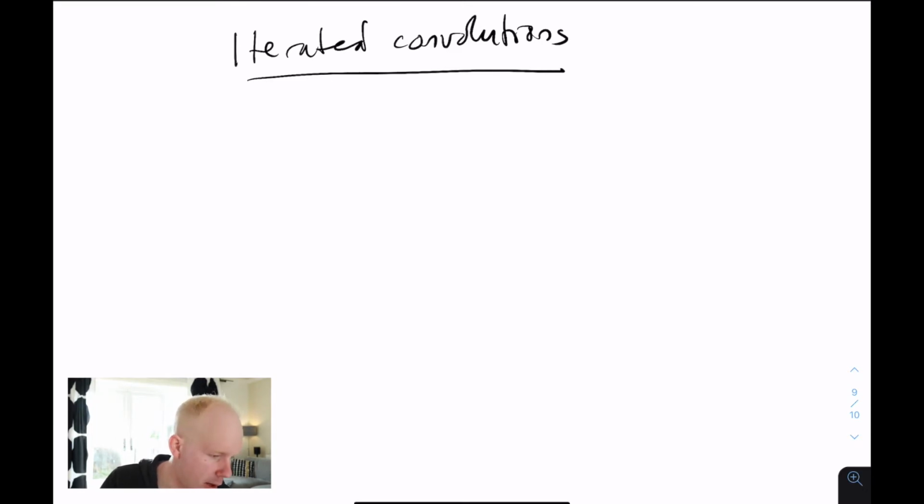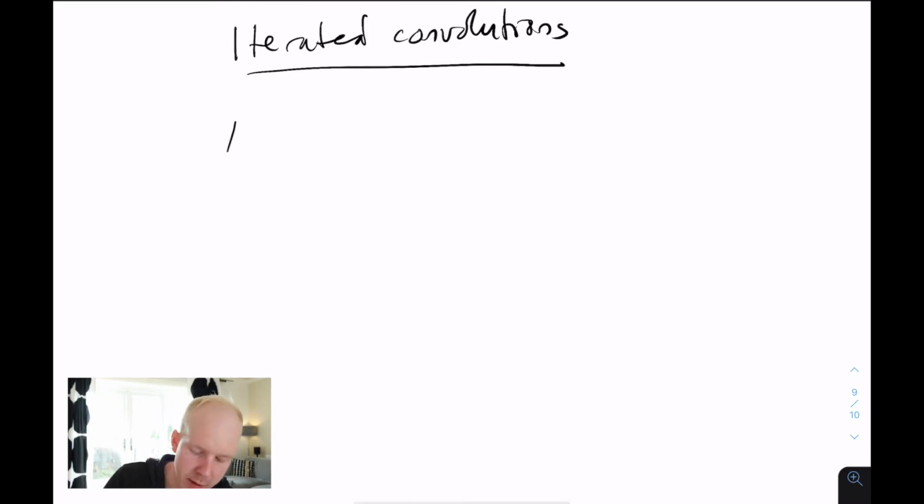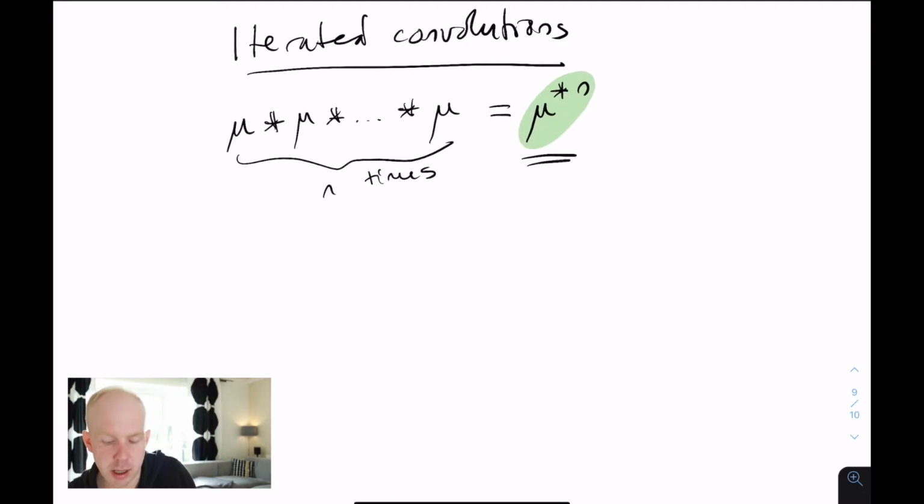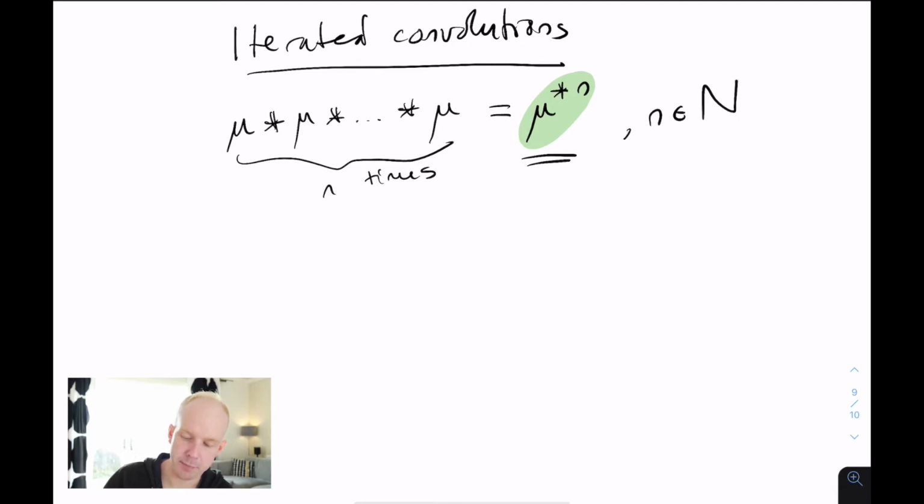And here, as I mentioned, if you have the convolution of two probability measures, you could continue this forever. Like you could take large n-fold convolutions. If this is happening n times, we just use this kind of notation mu star n as the notation for this n-fold convolution. So it's kind of like an iterated convolution for any natural number n.